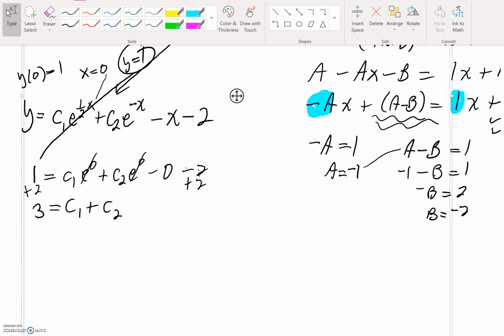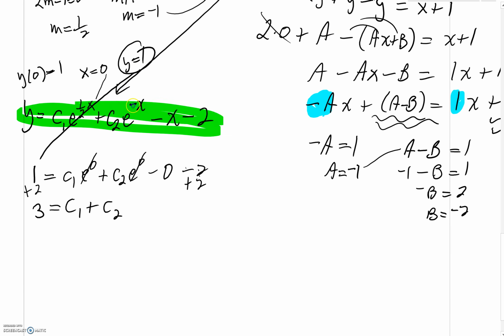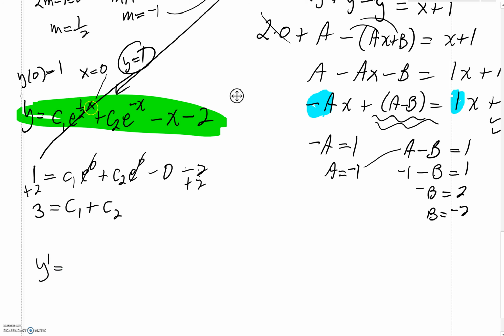But here's the thing. We also have to do some more work. We have this for our solution, but we also have an initial value property involving the derivative. I'm going to take the derivative, chain rule, bring down a 1/2 out in front here. Derivative of e to a power is e to that power, but the derivative on the inside, out comes a 1/2.